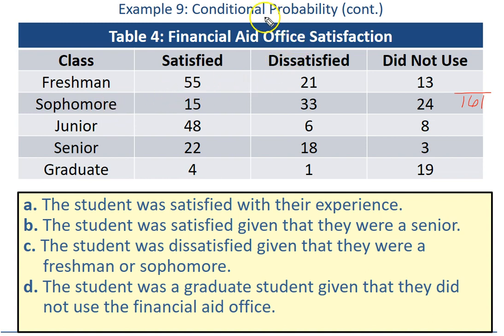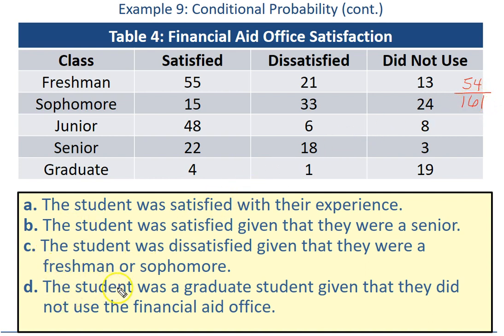So again, this is conditional probability. We're asking for some specifics, dissatisfied out of this group. So the dissatisfied there looks like 54. Adding these two groups together out of the total. And that will give you something.